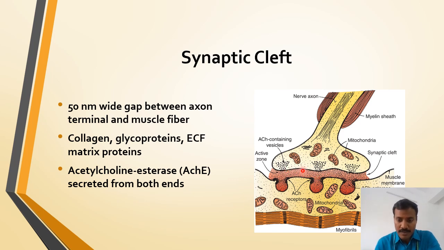That is the area where the synaptic cleft is located. There are fibers like collagen, glycoproteins, and extracellular fluid matrix. All these fill the synaptic cleft, and acetylcholinesterase, the enzyme, is also present in the synaptic cleft.